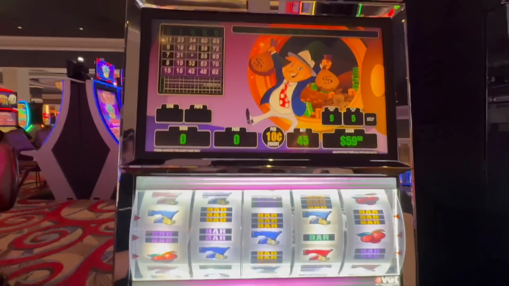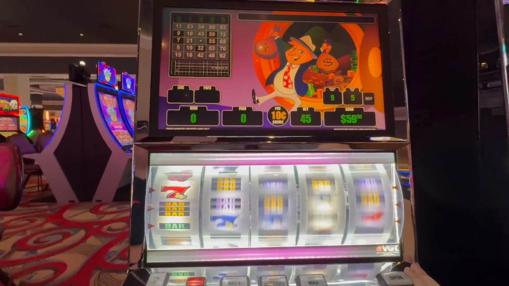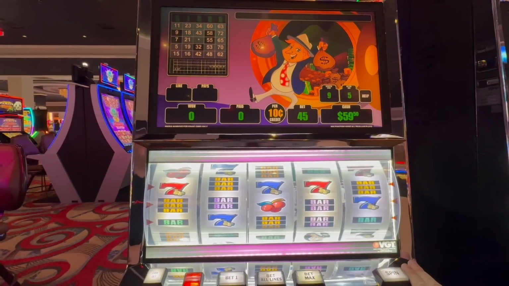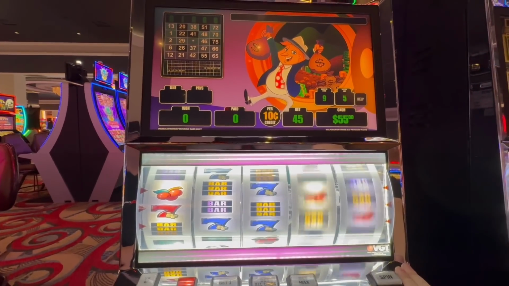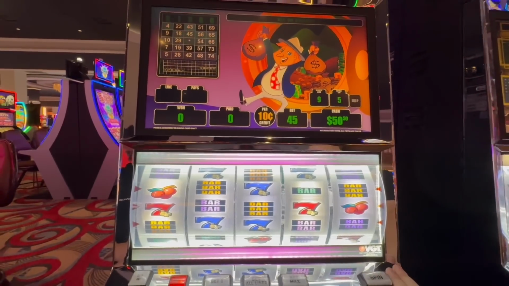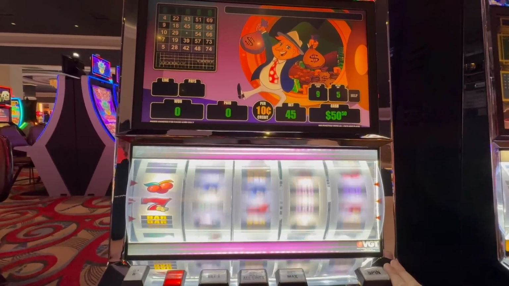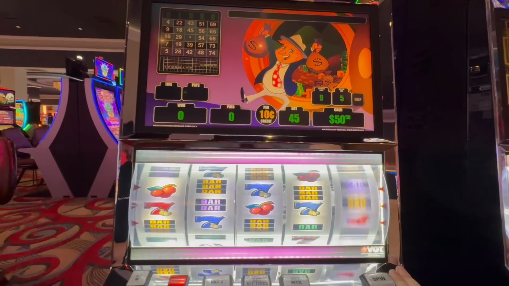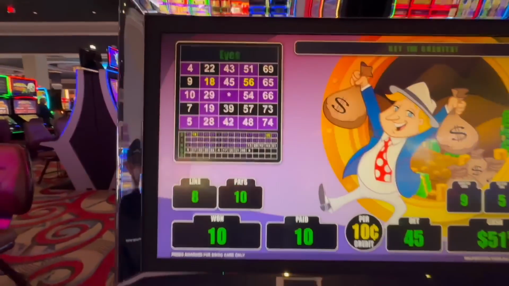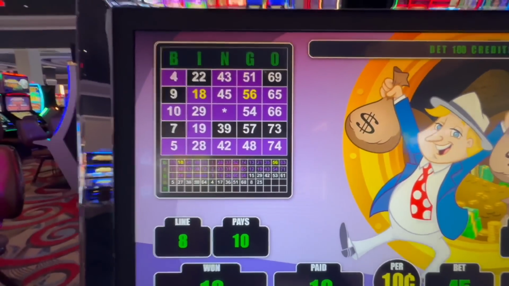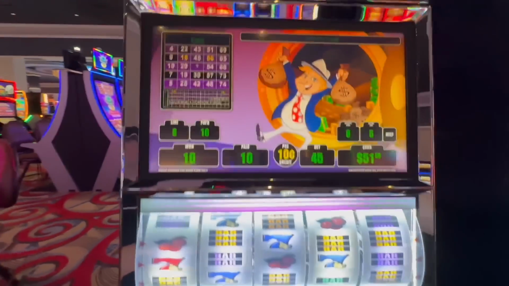So it does happen. And as you play these a little bit more, you will start to see the different patterns that are available. You'll have a good indication of whether you're going to get a win or not. So this time we only got the eyes, which are those two little spots there. So not very good on that one.